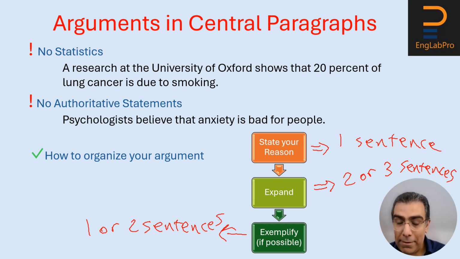So your paragraph should be at least 4 or 5 sentences long. We don't have paragraphs that are 1 or 2 sentences long. And another point is that you should directly mention your reason in the first sentence. You shouldn't have another introduction in central paragraphs. You directly mention your reason in the first sentence.